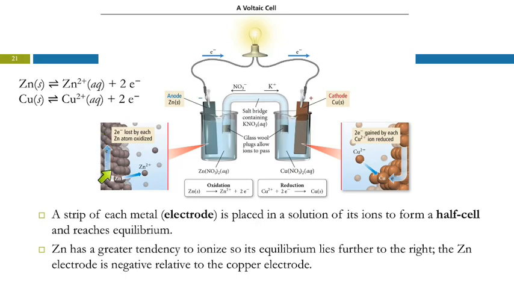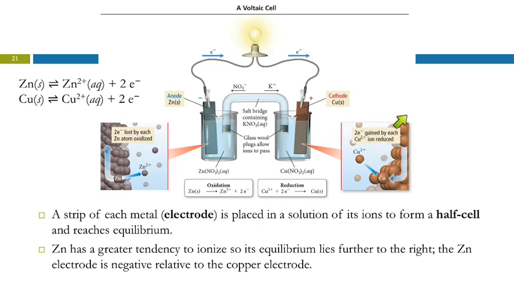So on the zinc side, the zinc is releasing zinc ions, and the 2 electrons that came from that, they can't be transferred directly to the copper. They're going to go up through the electrode and through the wire and through the light bulb and through this wire and over to this copper electrode.